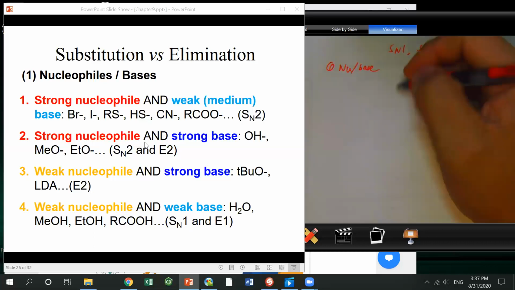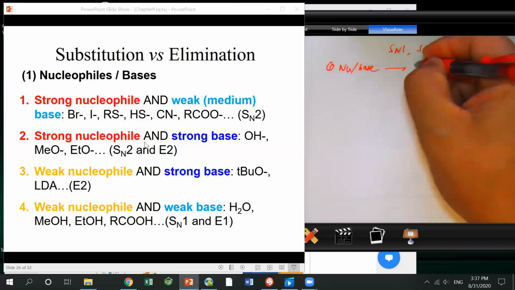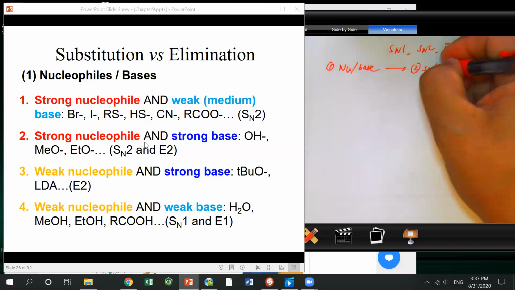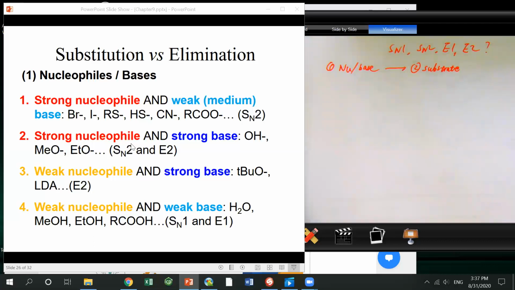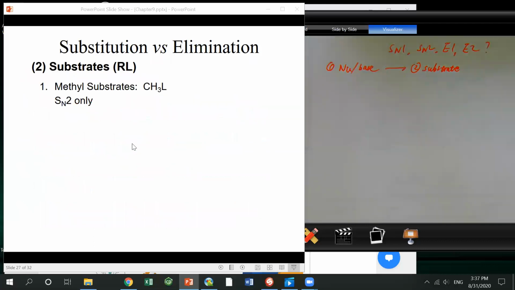So that's the first thing you need to consider, and then second, you need to look at the substrate. If it's a methyl substrate, like methyl chloride, only SN2.